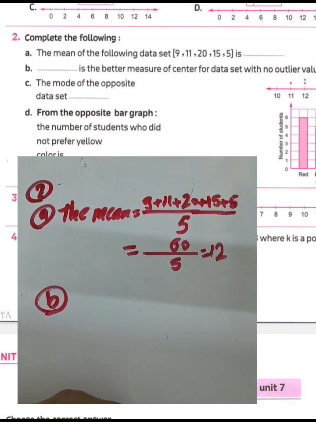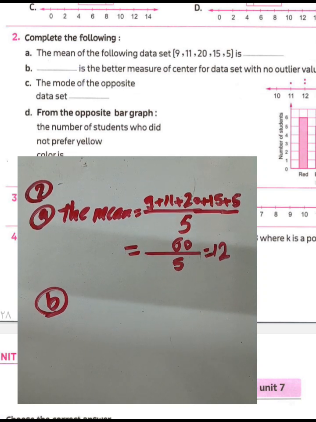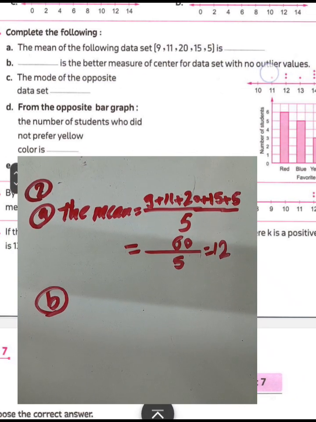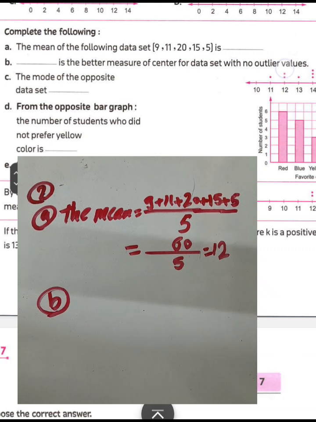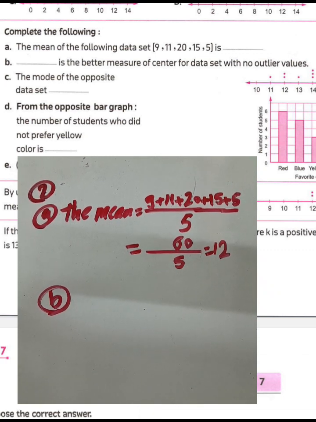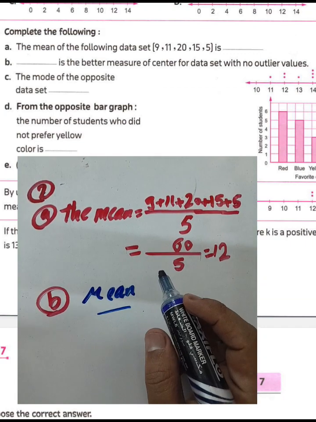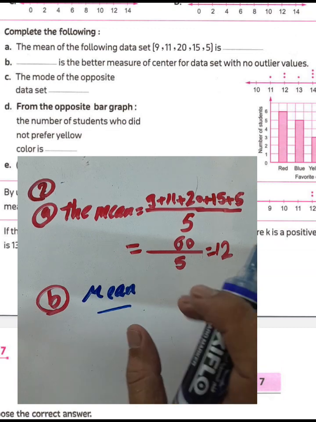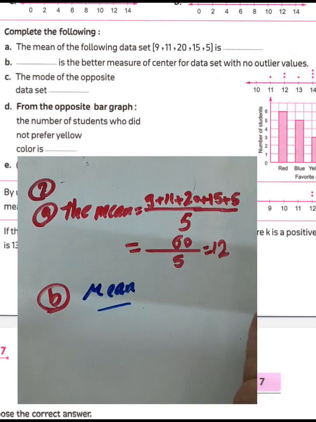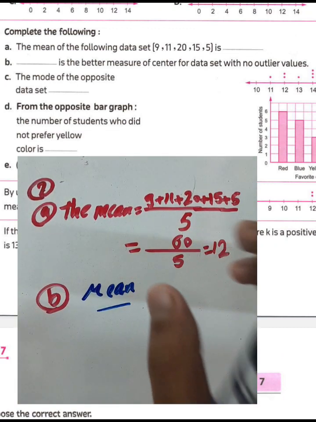Letter B. The mean is the better measure of the center for data with no outlier values. We can use the mean when there is no outlier. But if we have an outlier in the result, you must arrange ascending or descending to choose the median.